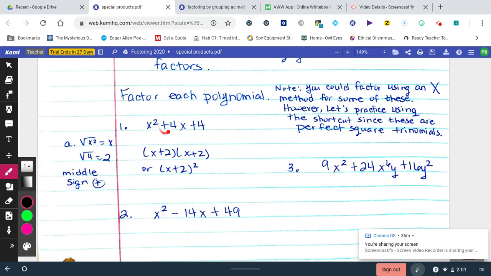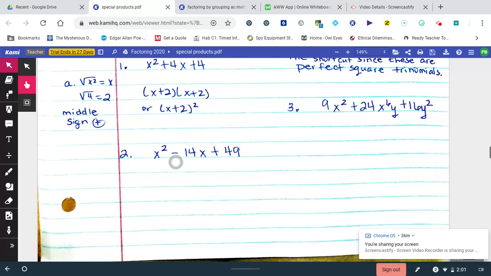Well, what was in the original trinomial? In the middle term, it was a plus. So in the middle, I put a plus. The reason I can write x plus 2 squared is because x plus 2 times x plus 2 is just x plus 2 squared. All right, let's take a look at number 2.